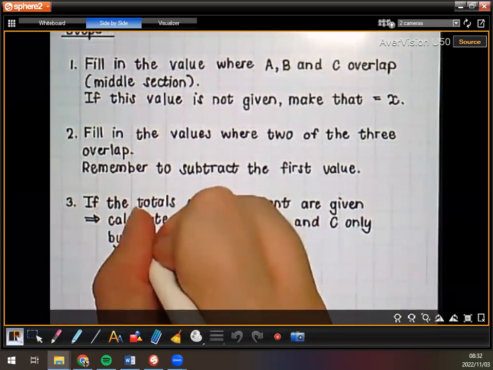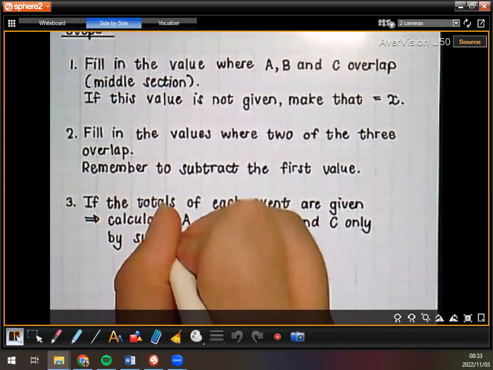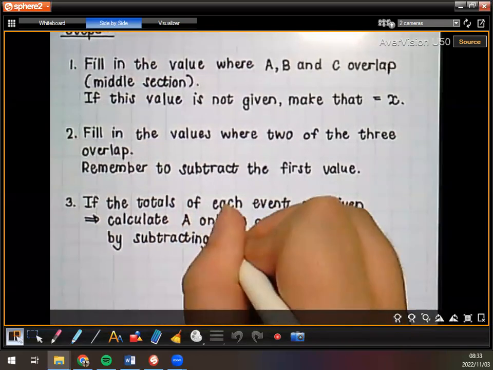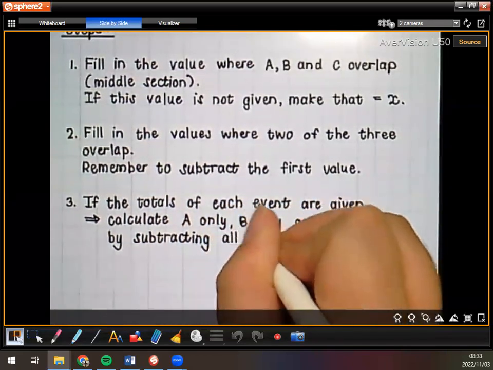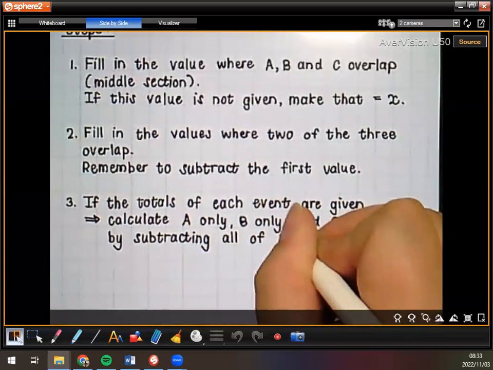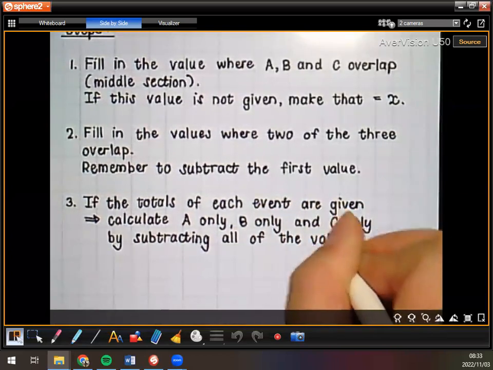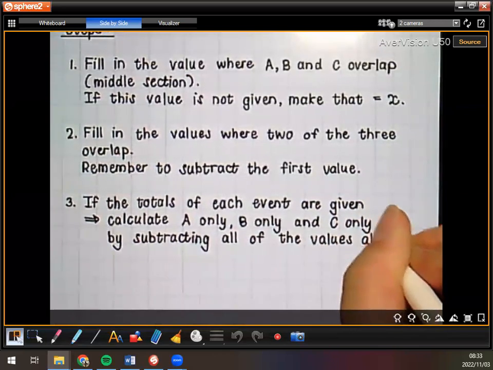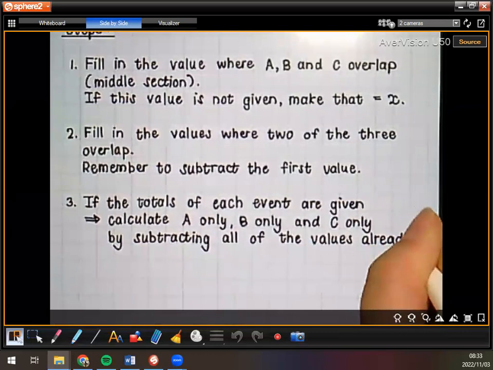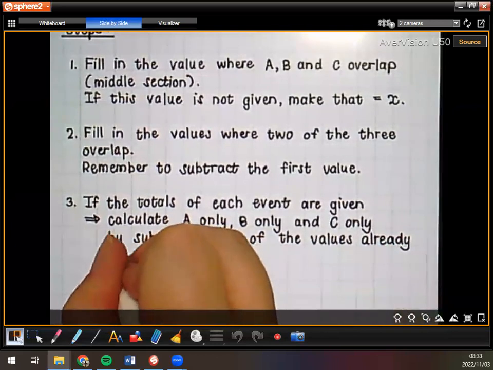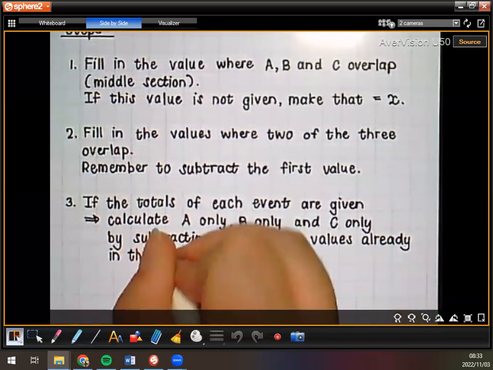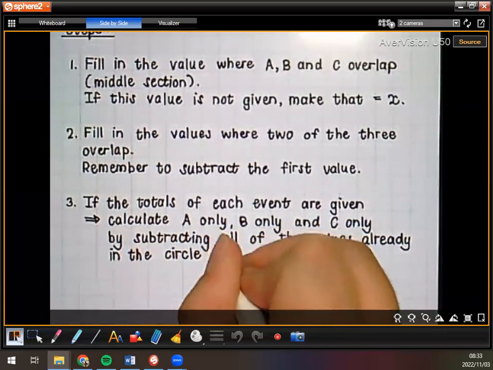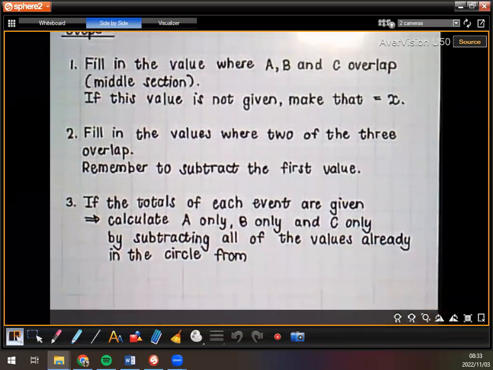By subtracting all of the values already in the circle from the total.